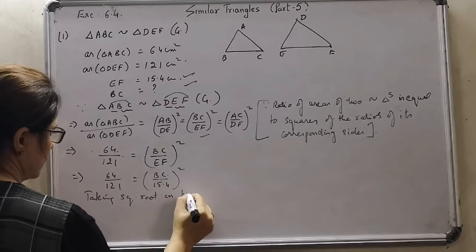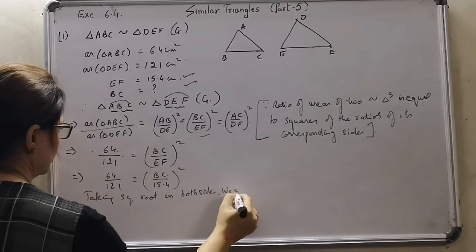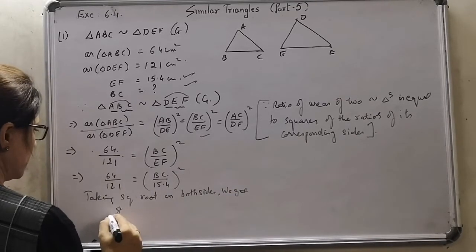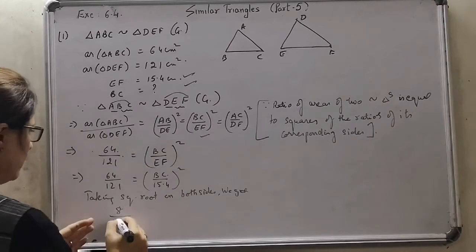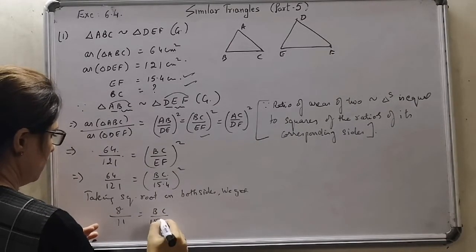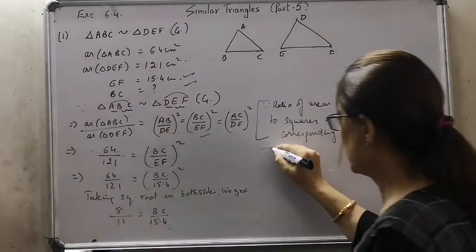On both sides, we get square root of 64 is going to be 8. Square root of 121 is going to be 11. This is BC upon 15.4. Since we are working on the triangles, we'll be taking the first square roots.